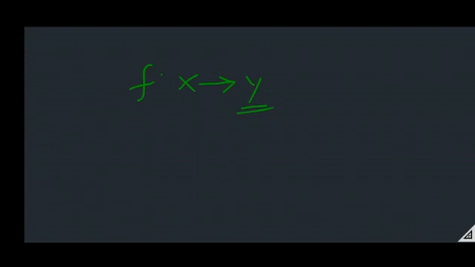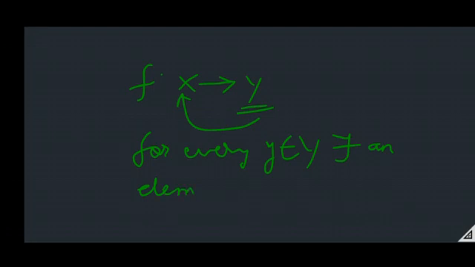Now if I talk about the definition, a function f from X to Y is said to be onto if every element of Y has an image of some element of X under f.